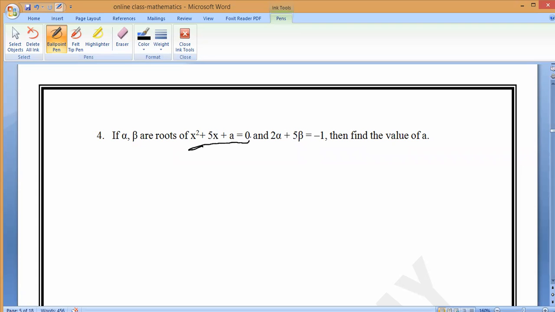This is our polynomial p of x. Here one relation is given: 2 alpha plus 5 beta equal to -1. Then find a. Here a is a constant, correct? Is it clear? Constant.